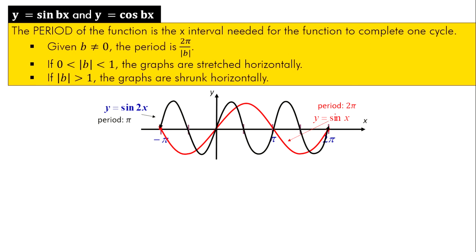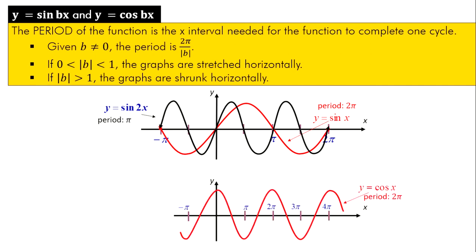So 2 pi over 2, which is pi. Therefore, the period of the function is pi. As you can see here, if b is greater than 1, the graph is shrunk horizontally. Comparing the function y is equal to sine x and y is equal to sine 2x, as you can see, it's shrunk horizontally.